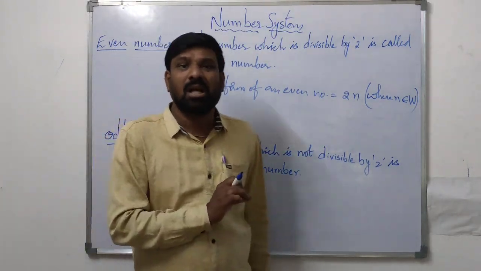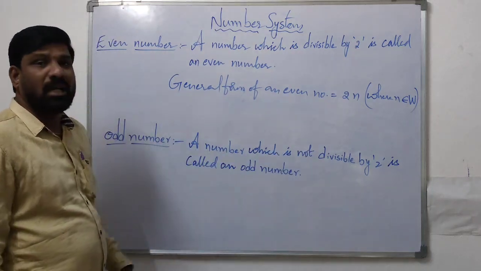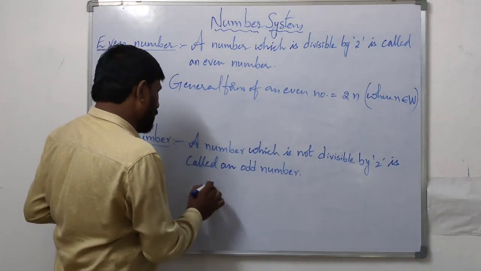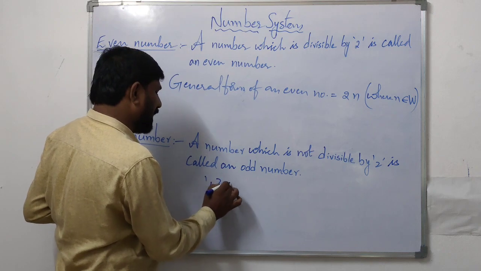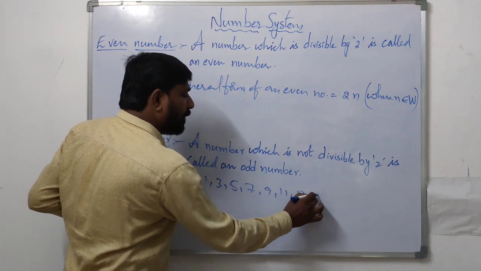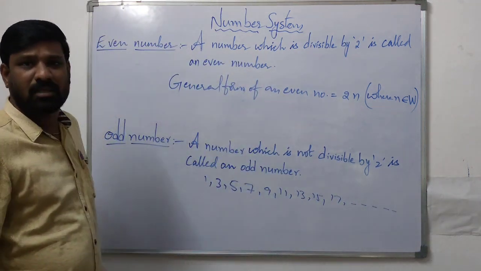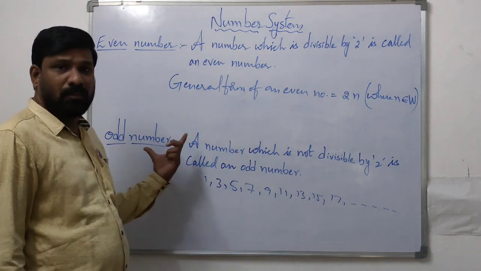Other than 0 and 2, in between, 1, 3, 5, 7, 9, 11, 13, 15, 17 and so on. These all types of numbers are called odd numbers.